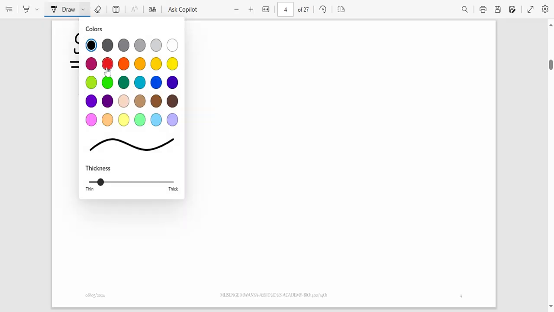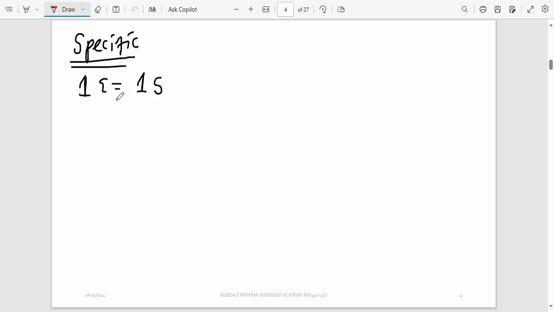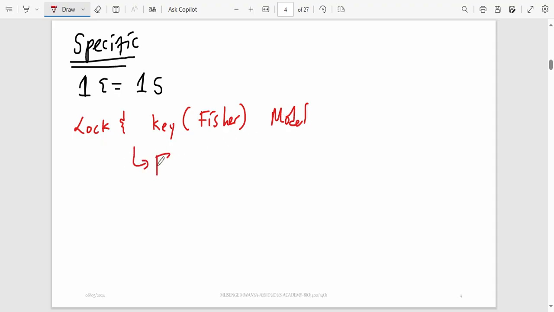So, who proposed this theory or this model? This is known as the lock and key model. The lock and key model is also known as the Fisher model. This model was developed by the scientist Fisher, who proposed it in the year 1890.